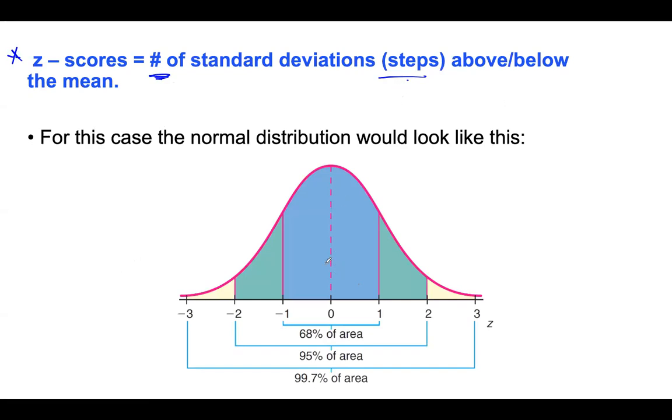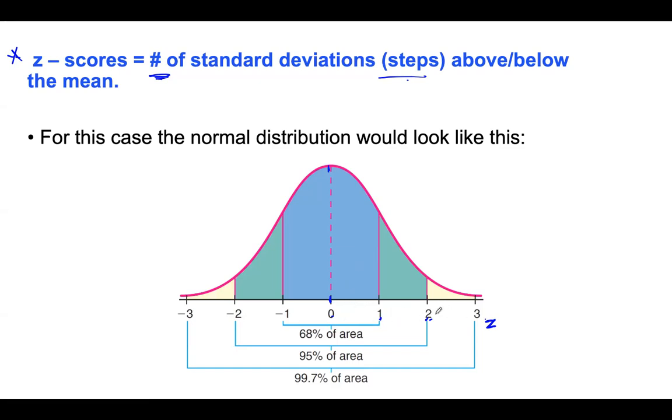For example, this is a normal distribution that would work for a z-score. The x-axis is now a z, and we have our mean here. This would be 1 standard deviation, 2 standard deviations, or this is 1, 2, 3. This is -1, -2, -3, corresponding to the number of standard deviations.